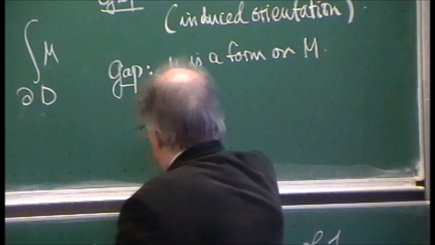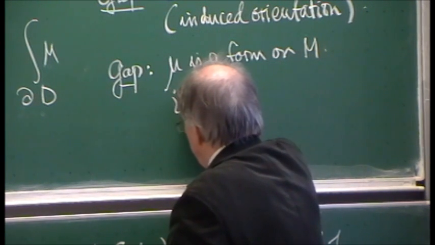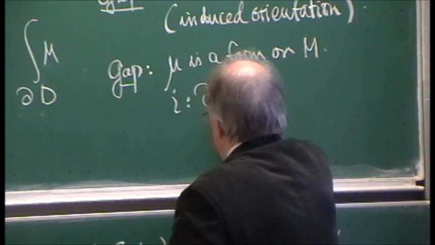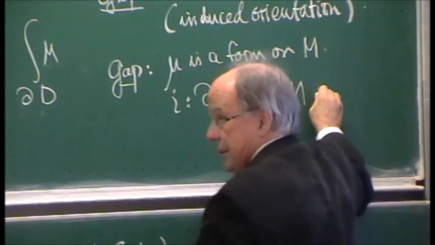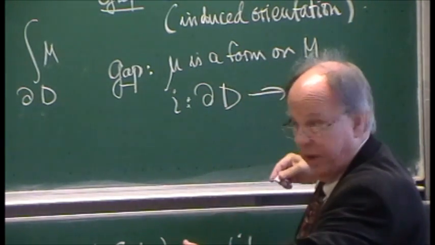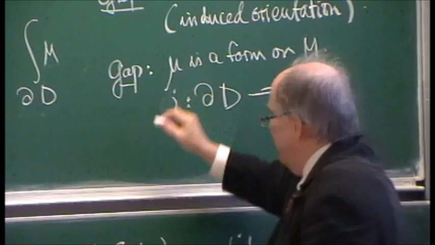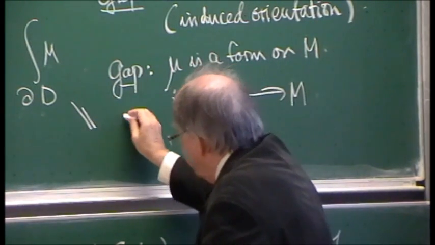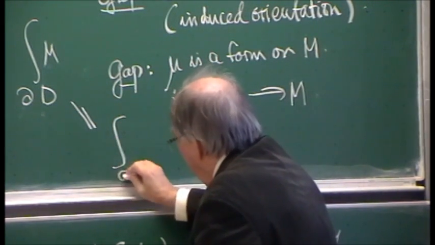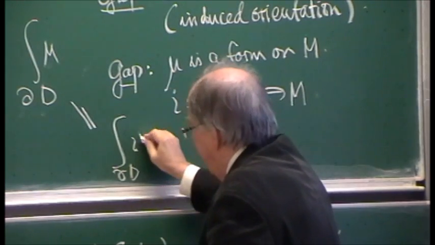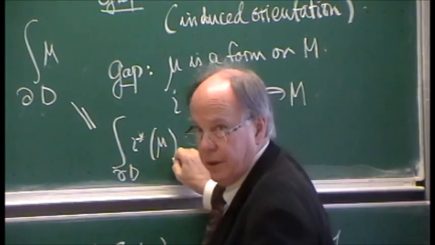Okay? So we have a pullback, we have a canonical injection of the boundary into the manifold. Right? This puts it in the manifold. And what we're dealing with here, this integral here, is really the integral over the boundary of the pullback of mu to the boundary.